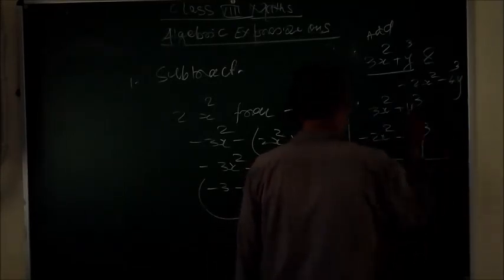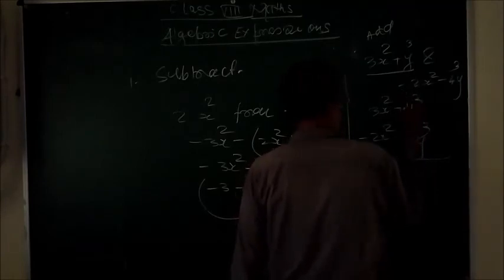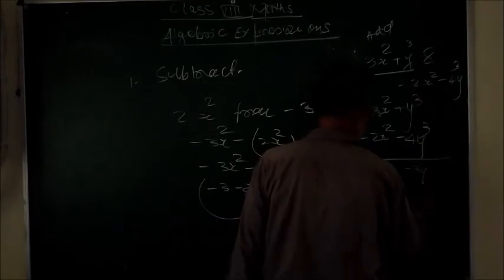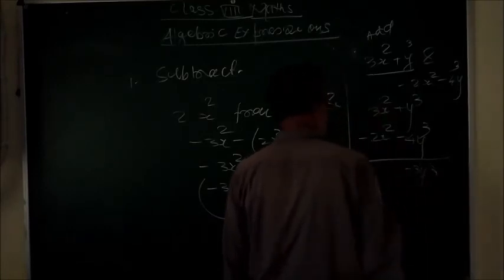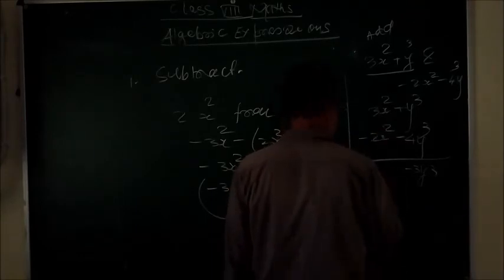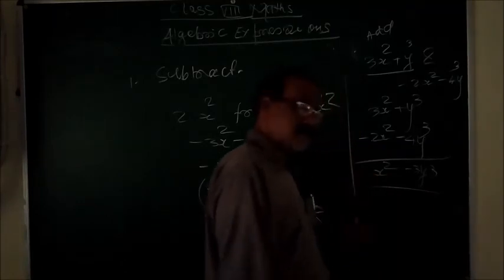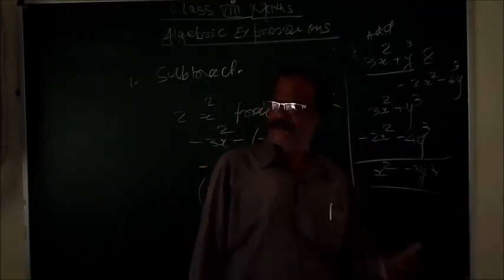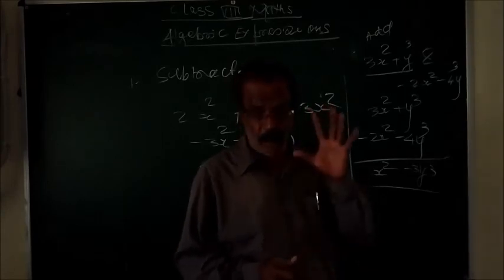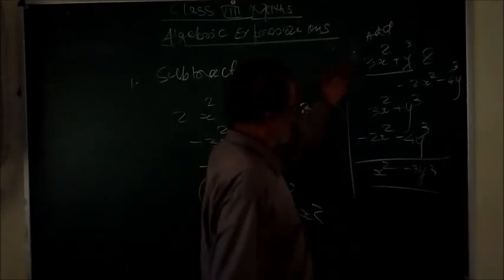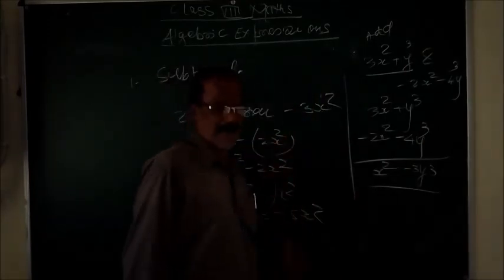The coefficient here is 1, here is minus 4, 1 minus 4 is minus 3, and this will be y cube. And here it is plus 3, minus 2, that is 1. 1 is not mentioned, you will write only the variables. The coefficient 1 is understood. So this is the column method and that is the direct method, for either addition or subtraction.